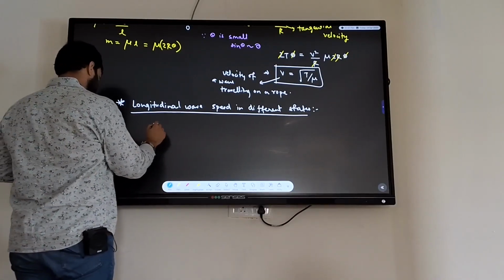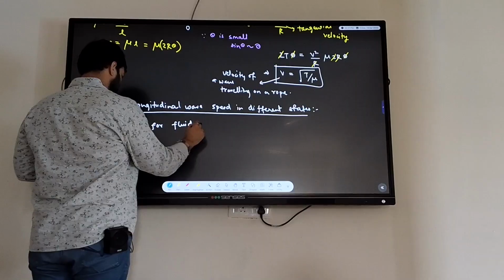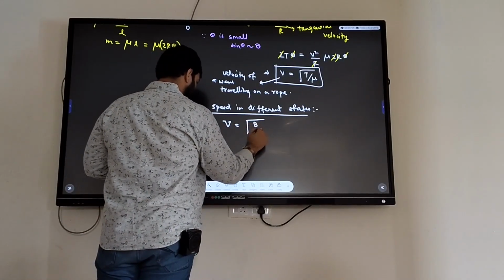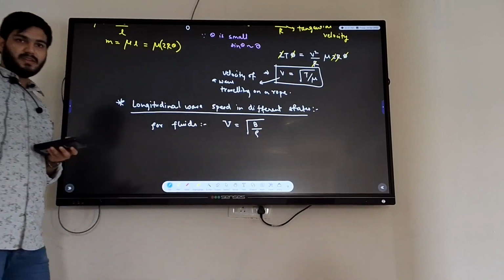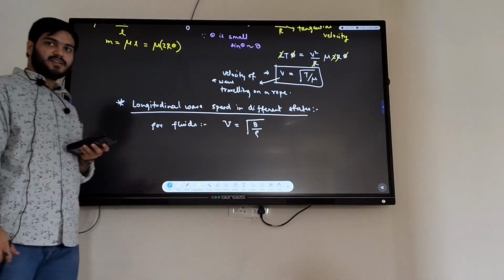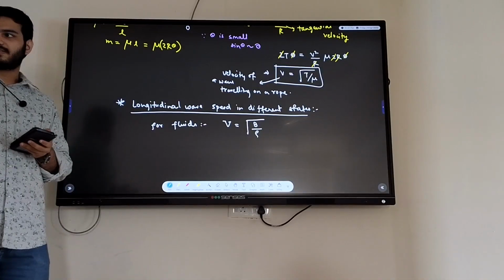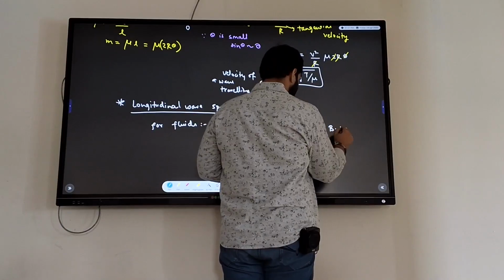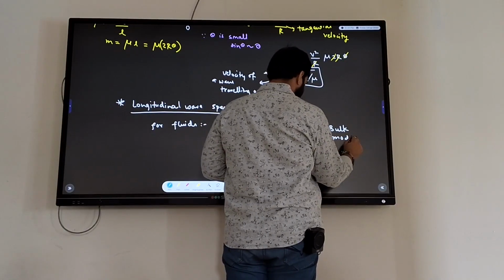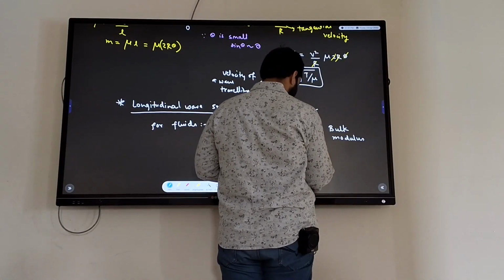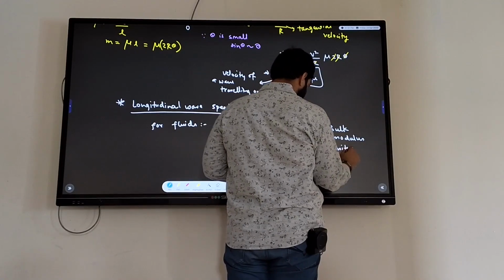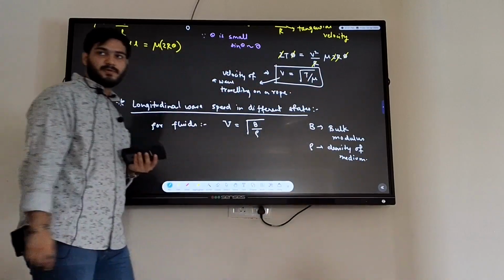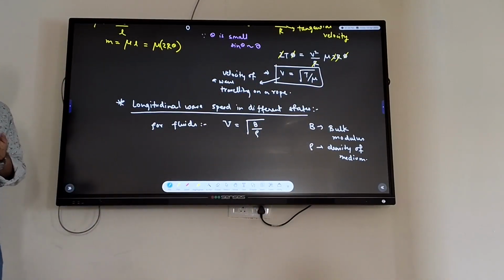For fluids, the formula is given to be v equals under root B by rho, where B is the bulk modulus. Have you heard about bulk modulus in elasticity? B is the bulk modulus and rho is the density of the medium. When I talk about fluids, I am talking about liquids and gases both.